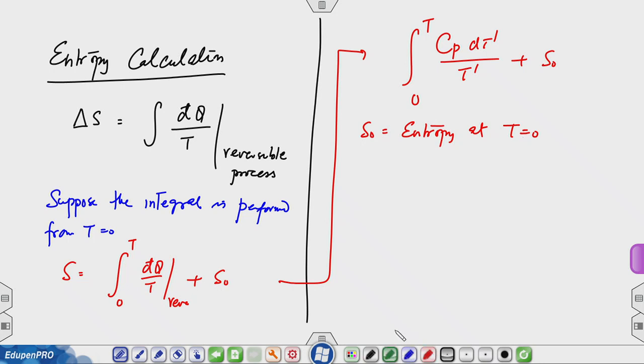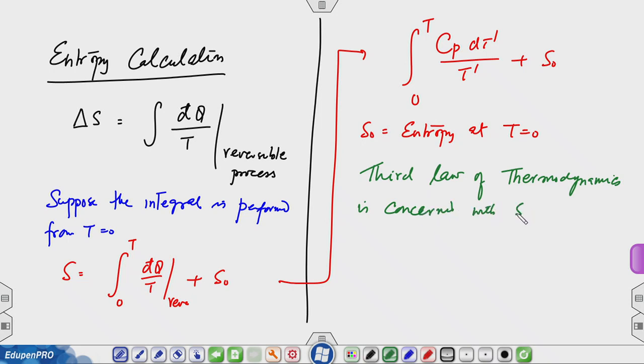So, the third law of thermodynamics is concerned with S0, that is the value of entropy at T equals 0.